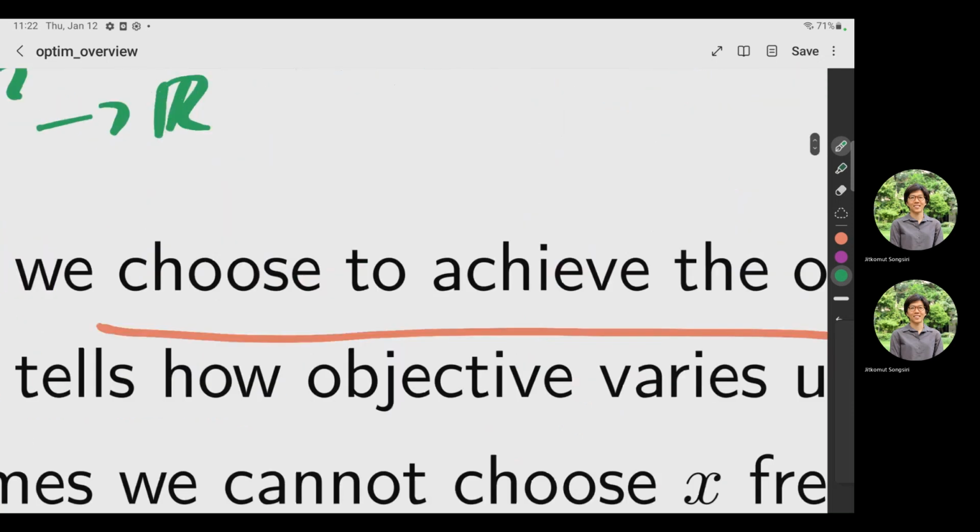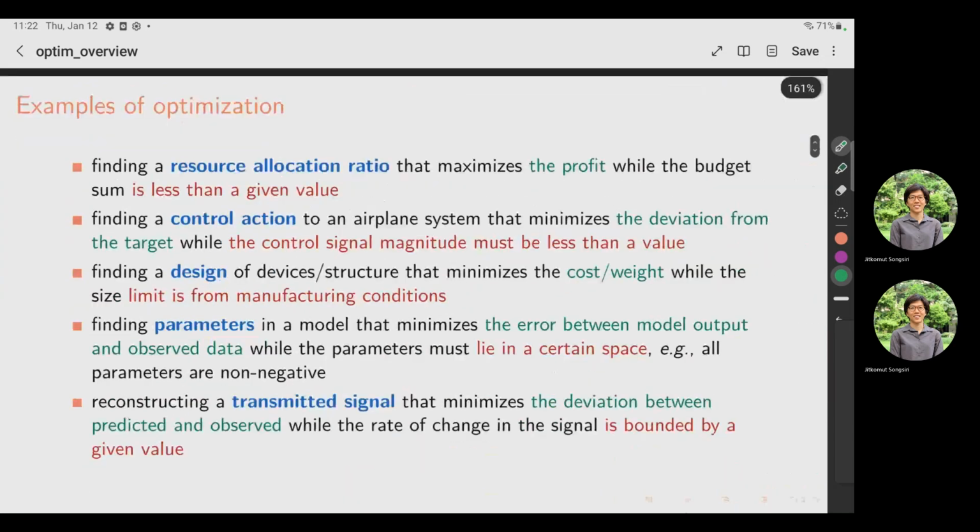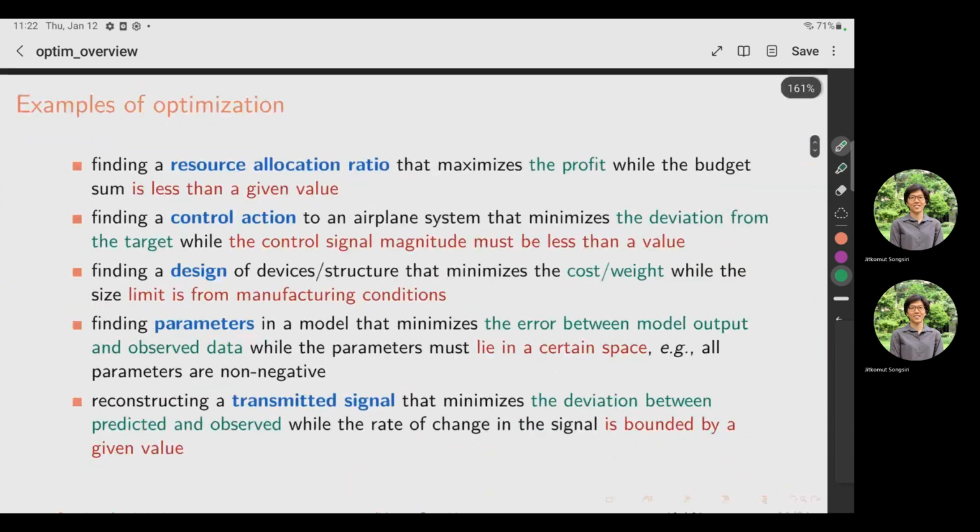Okay, example optimizations can be found a lot in applications. For example, you have many resources, right? You want to invest in many units, and you want to maximize the profit.